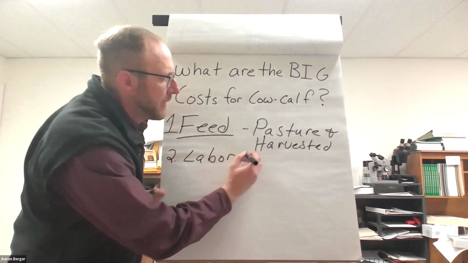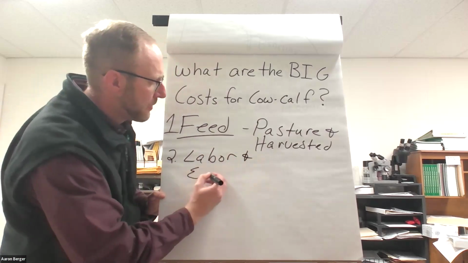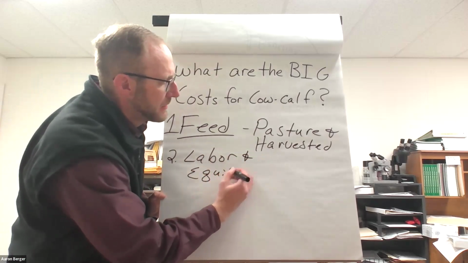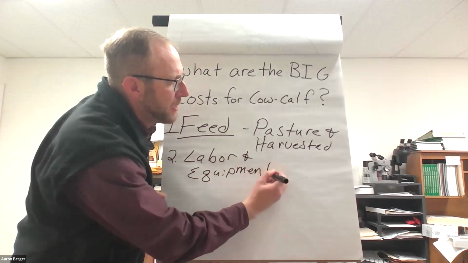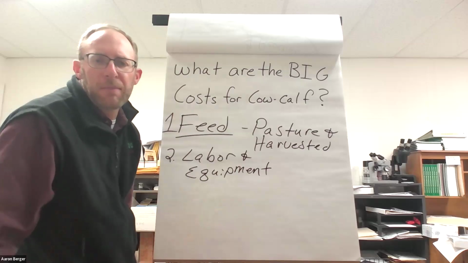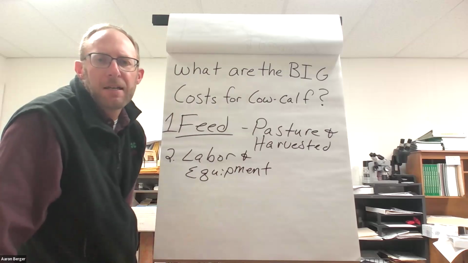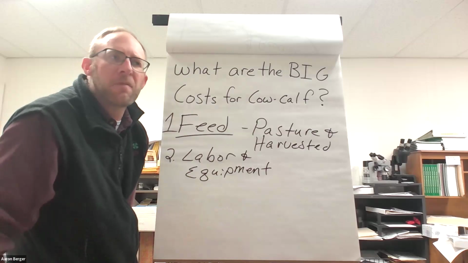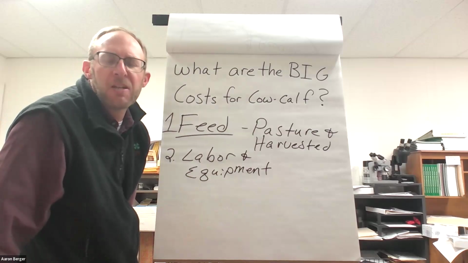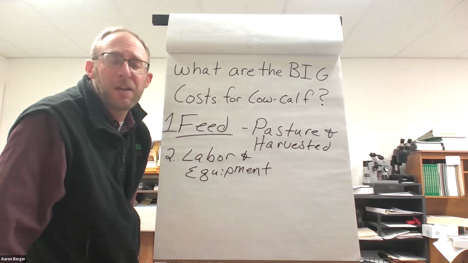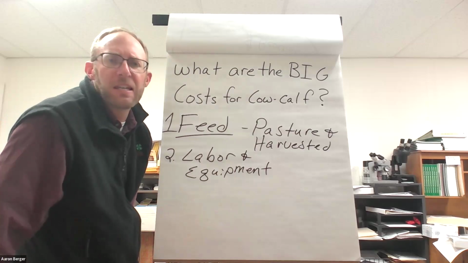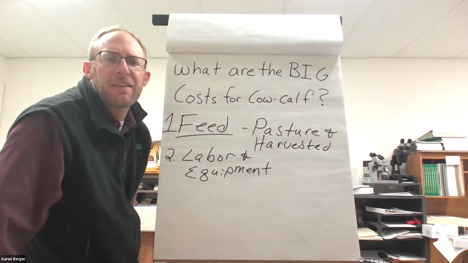I'm going to put labor and equipment together because we often use labor and equipment interchangeably. What I mean by that is, I remember growing up 30 years ago in the Sandhills of Nebraska, and there were still quite a few hay crews then. They would hire high school kids, college kids, and they got to the place where they no longer hired those.